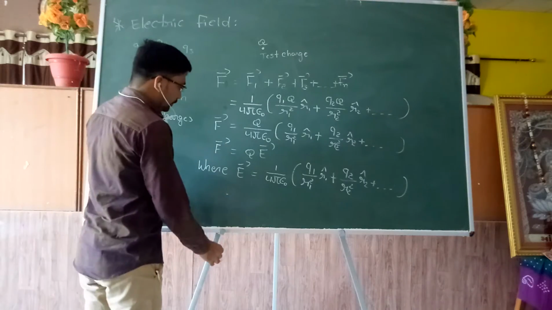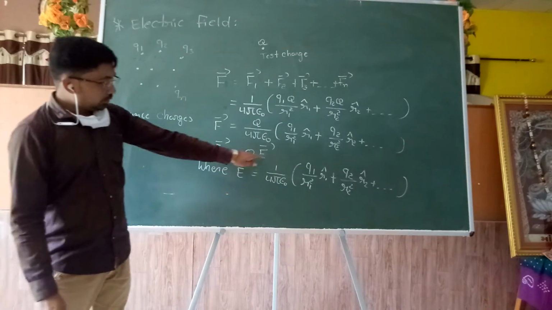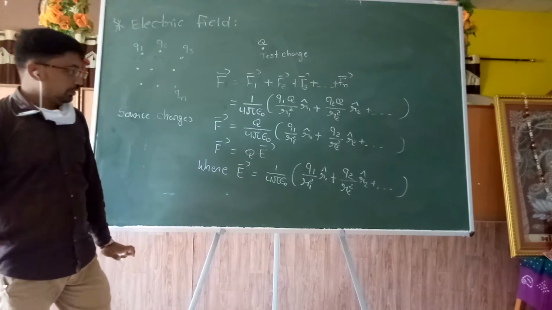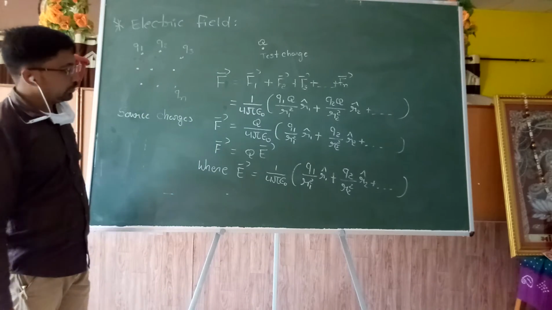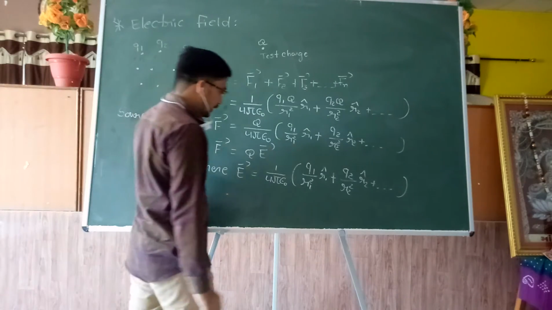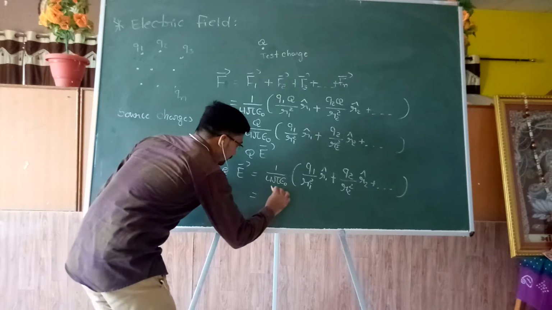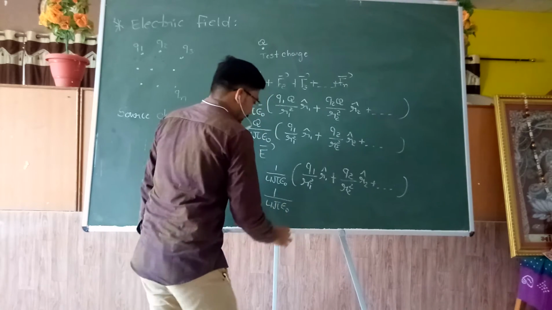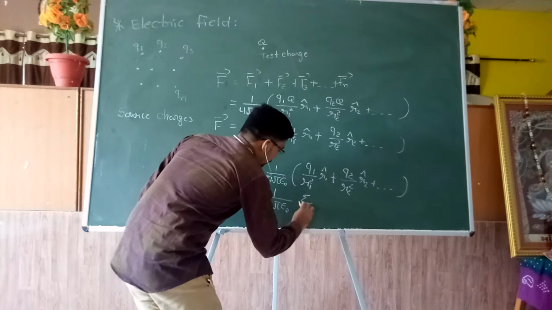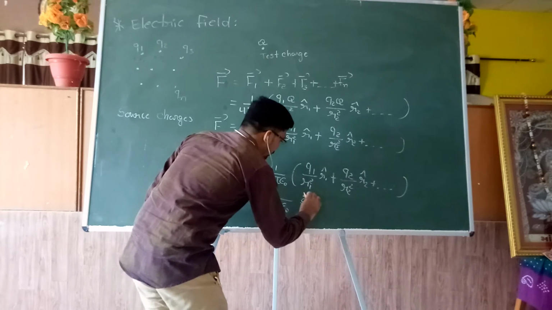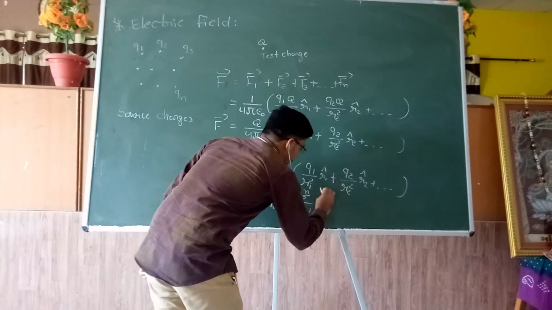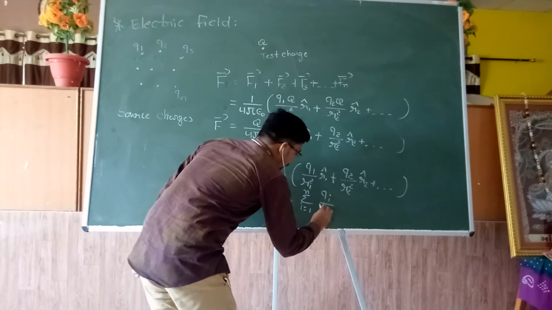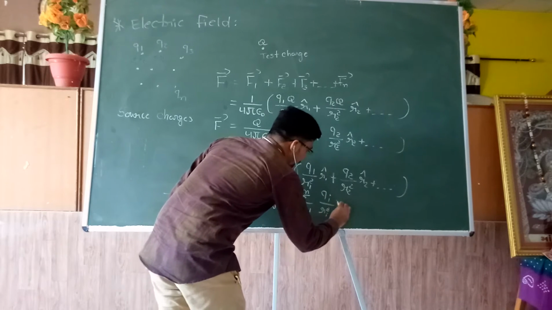Okay. So this is the electric field E due to the source charges Q1, Q2 up to Qn, and it can also be written as the summation. So 1 upon 4 pi epsilon 0. Here we write in the form of summation, so summation i is equal to 1 to n, Qi upon Ri square into Ri cap.